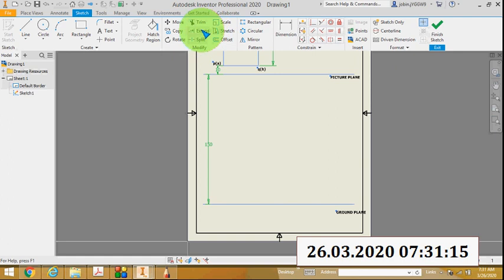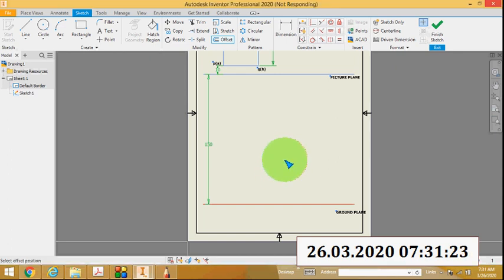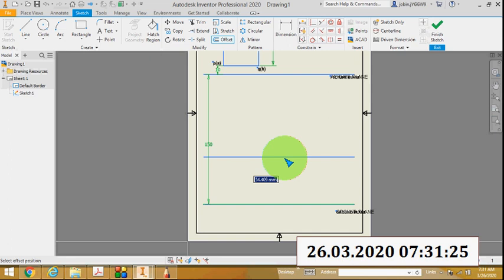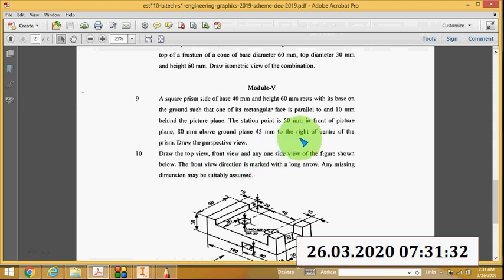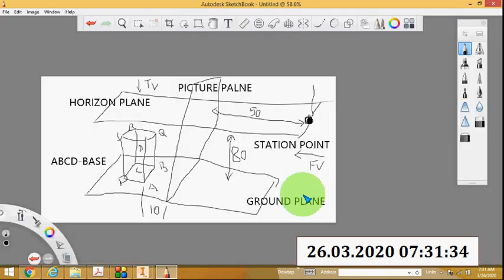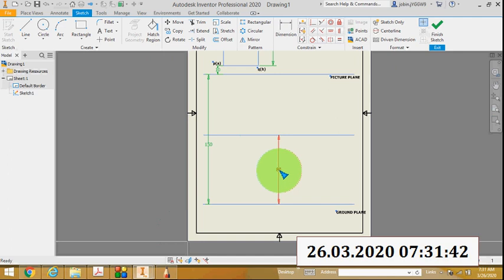Then draw another line above the ground plane, and that distance is actually 80 mm. It is 80 mm above the ground plane. See, this line represents the horizon plane. It is at a distance of 80 mm above the ground plane.